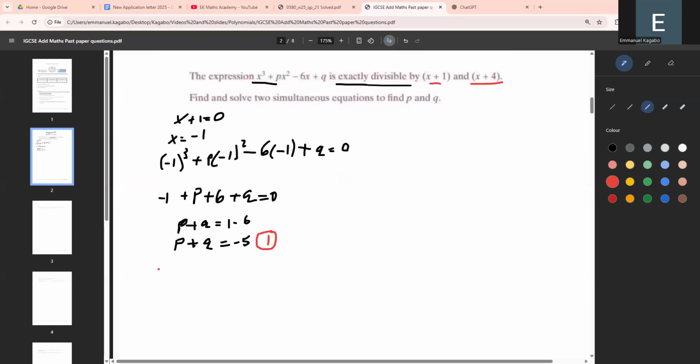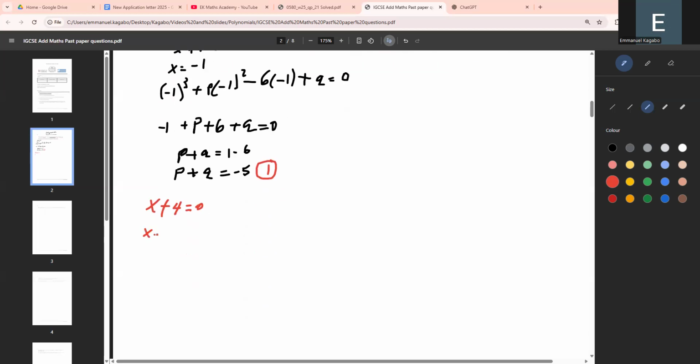So, what was it? x + 4 equal to 0. That means the root of this one will be negative 4. Substitute in my equation.